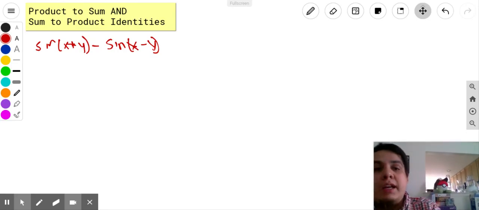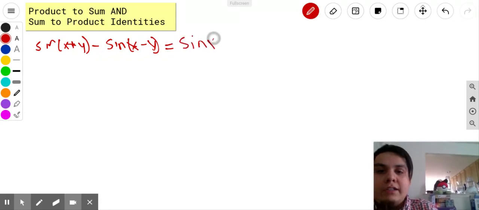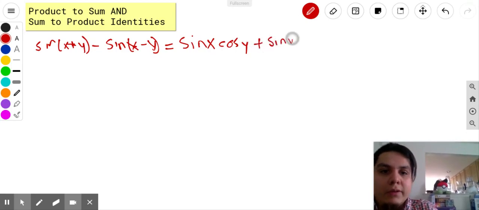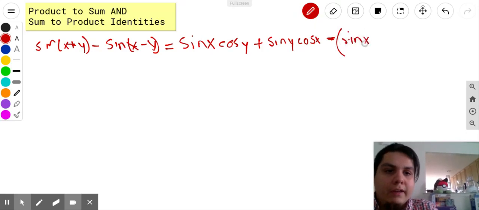So as I'm setting this up, this should equal sine x cosine y plus sine y cosine x, minus, sine of x cosine of y minus sine of y cosine of x.